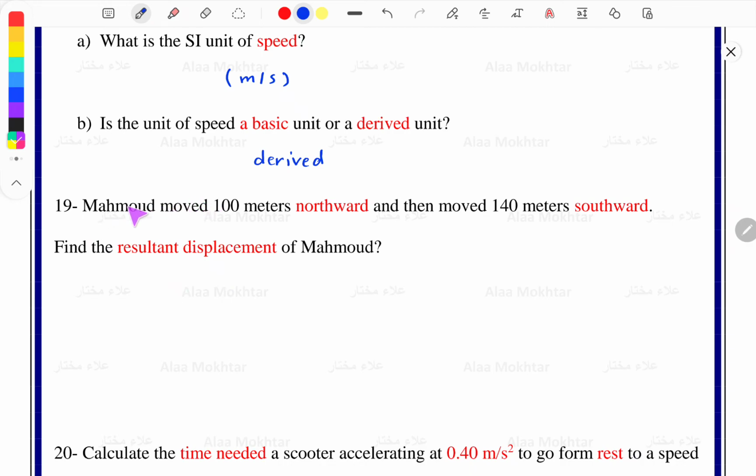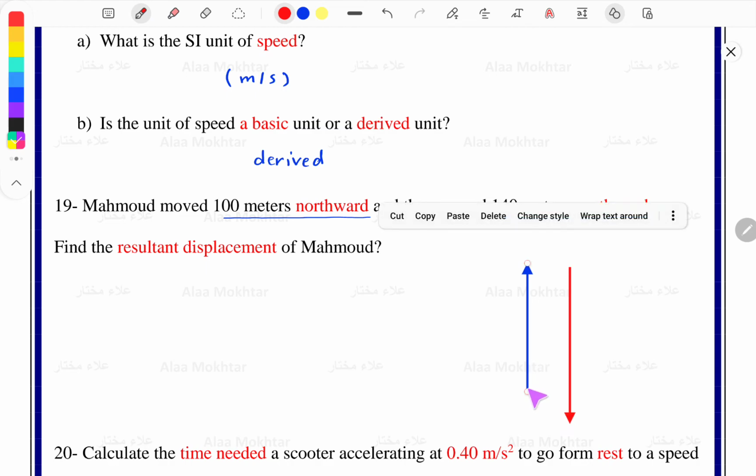The next question. Muhammad moved 100 meters northward and then moved 140 meters southward. Find the resultant displacement. We can draw it to imagine what happened. The first 100 meters to north, then he changed his mind and changed the direction and moved down 140, as you see.